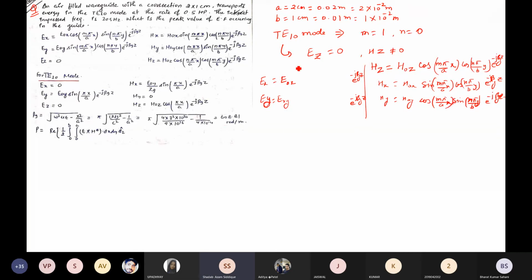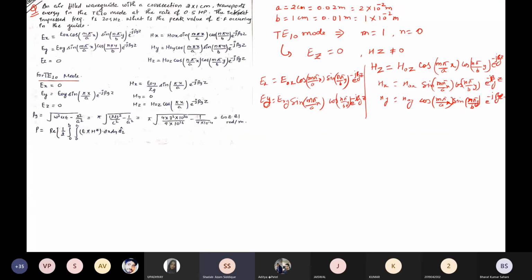So we should write E naught x. E naught x can be written as the x term, and the y term will be differentiated. The x term will be written as it is, cos m pi by a into x, and this can be written as sine n pi by b into y. And here this will be sine m pi by a into x, cos n pi by b into y. So that is the thing which we got.